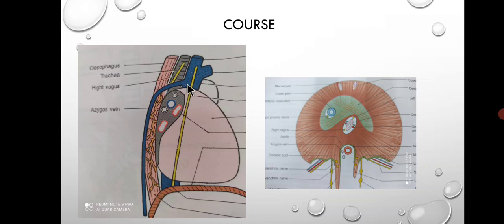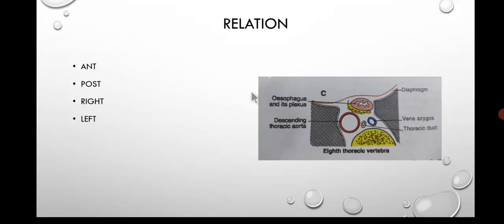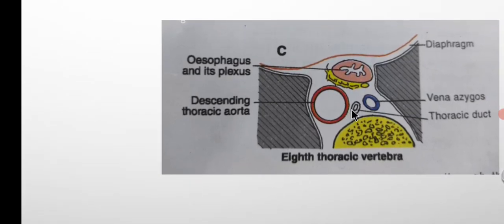Okay. Now we'll see the relations of this azygous vein. So this is the azygous vein. Anteriorly there is the esophagus, posteriorly the 8th thoracic vertebra. On the right side, these grey lines are the lungs, and this small thin line is the pleura. Okay.